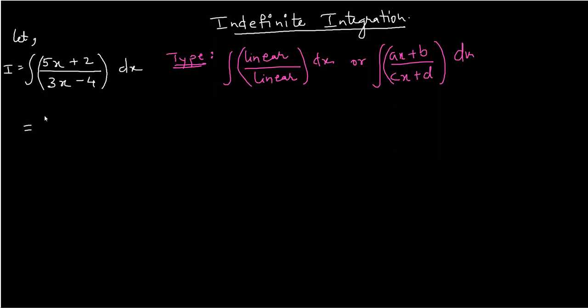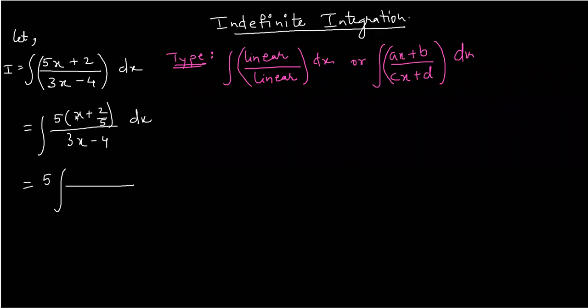For this, I will take 5 common from the numerator. That is, I will get x + 2/5, and the denominator is 3x - 4, no change. Then this 5 is written outside because it is a constant. In the numerator I have x + 2/5, but here I divide by 3 so that I can multiply by 3.